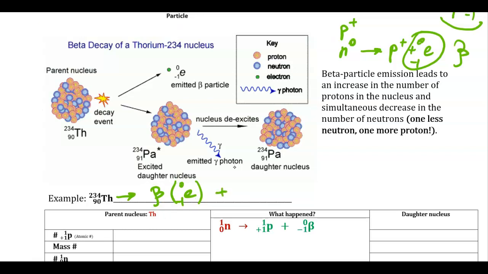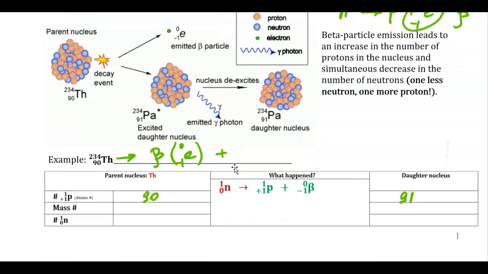Okay. And what about atomic number? Will it change? Yes, it will. Here we have 90 protons, and I'm going to write it down, 90 protons here. But one neutron becomes a proton and an electron, right? So in the daughter nucleus, it will be one proton more, so not 90 but 91. But what about neutrons?